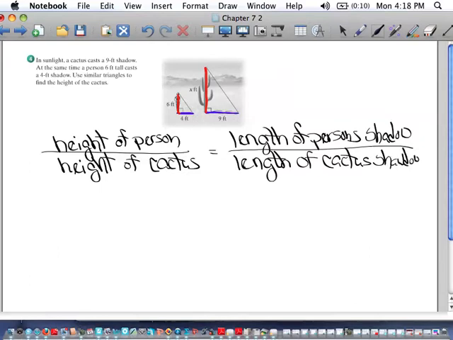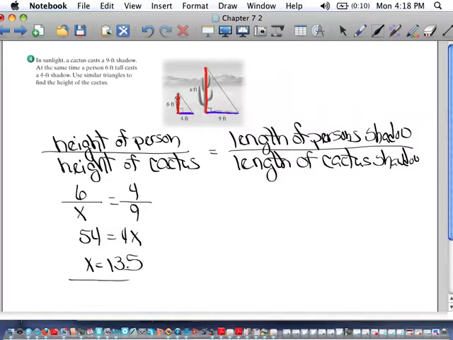Notice we're keeping those like quantities in the same locations. So the person's height is 6, the cactus height is x, the length of the person's shadow is 4, the length of the cactus shadow is 9. Cross multiply, you get 54 equals 4x, so x is equal to 13.5.